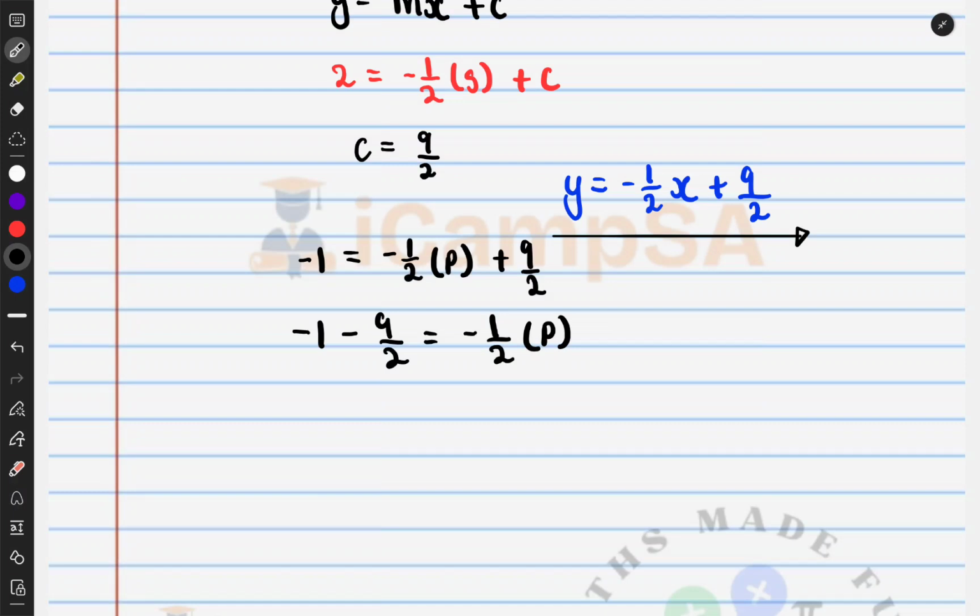So it's minus 11 over 2 multiplied by -2, which is just 11. Let me also include these steps. It's 11 over 2 is equal to negative P over 2. We multiply by 2 on both sides. We're going to have P, the negative and the negative will cancel, so P will just be equal to 11.